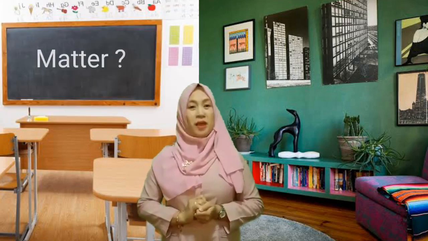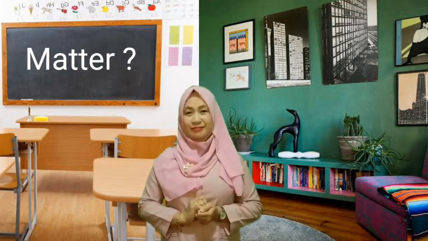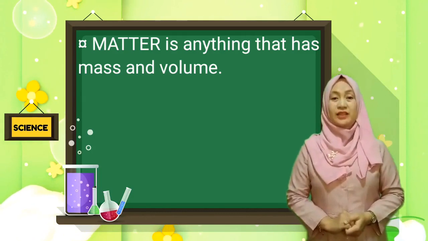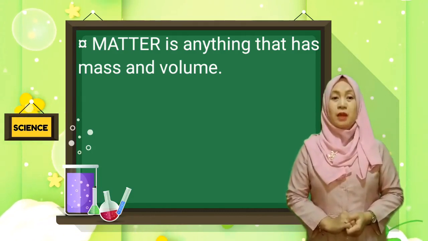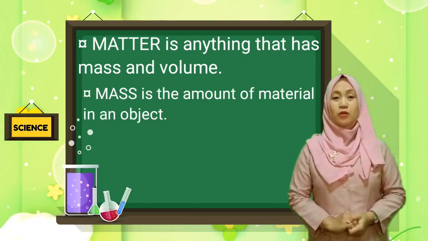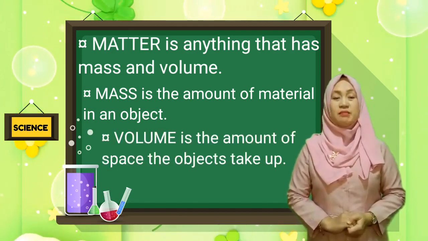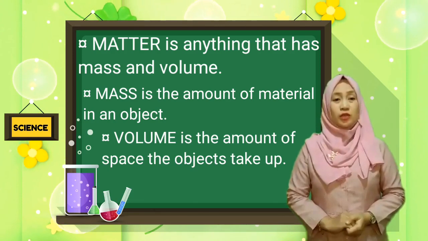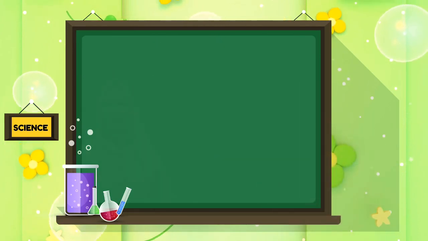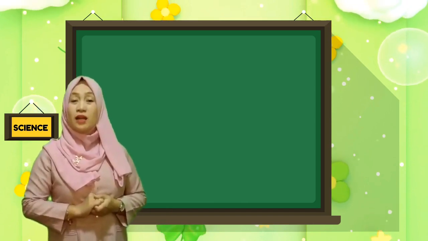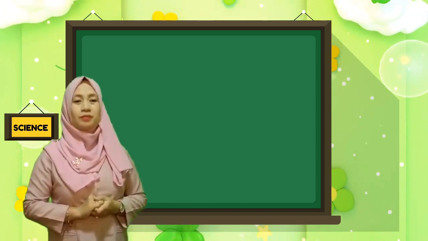Do you still remember what matter is? Matter is anything that has mass and volume. Mass is the amount of material in an object, while volume is the amount of space the object takes up. The different materials you see around you are made up of matter.